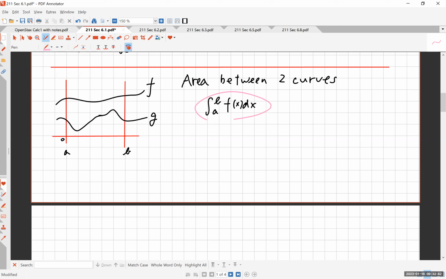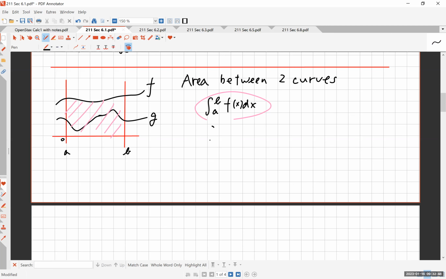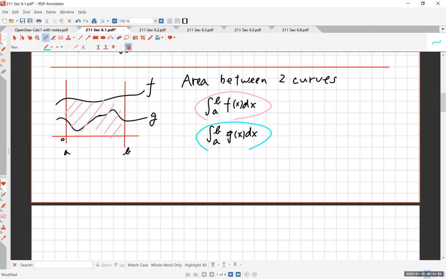I'm going to draw this in pink. So that would be this whole area, right? And if I say, what area does this represent? The integral from a to b of g(x) dx, you will say, and I will do this with a light, sort of a bluish, greenish color, it's that, right?